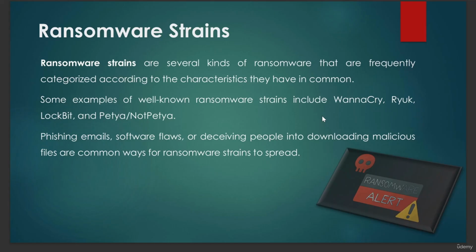So that means the threat vector, that is the channel which these ransomware use to attack their victims, is what? Phishing emails, software flaws, or deceiving people into downloading malicious files, which I call social engineering. All right. So this is what we call ransomware strains.